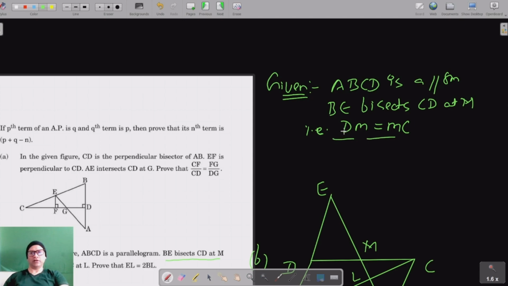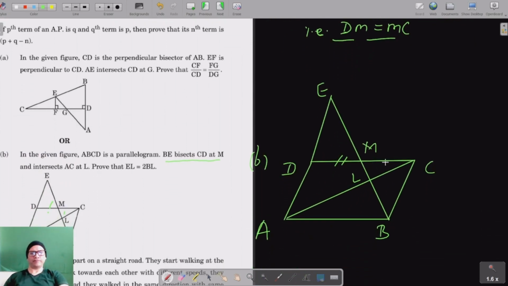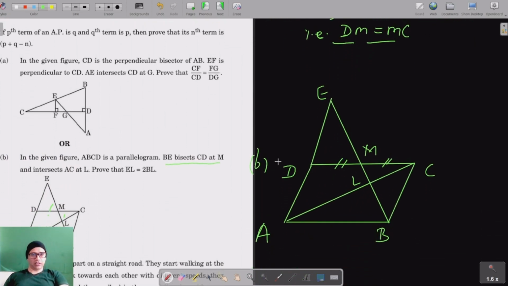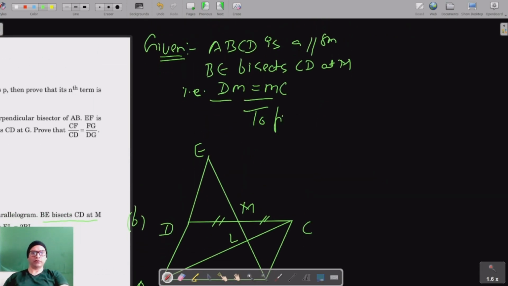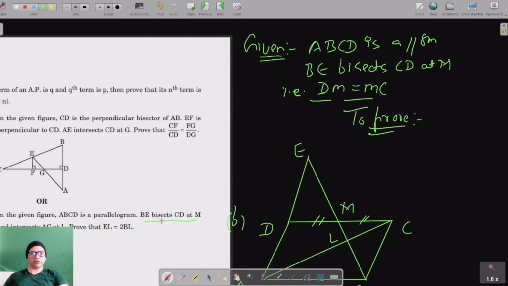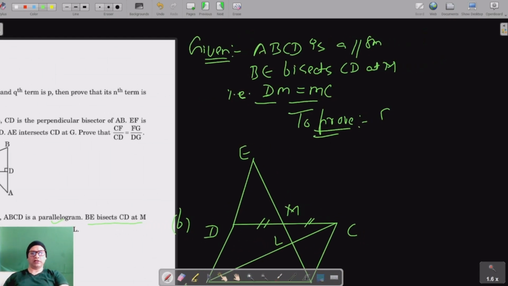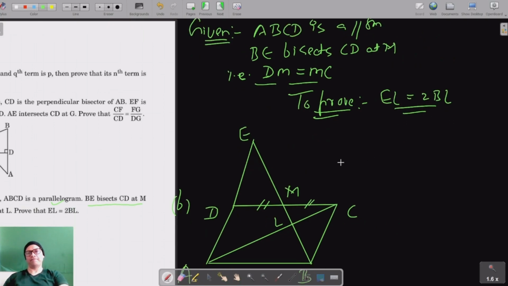So that is DM is equal to MC. Now AD intersects CD at G. So we have to prove that... okay, B is we have to prove that EL is equal to 2 times BL.